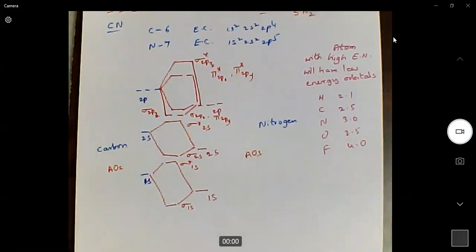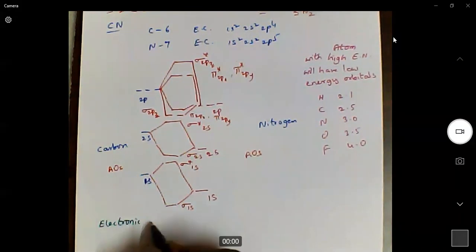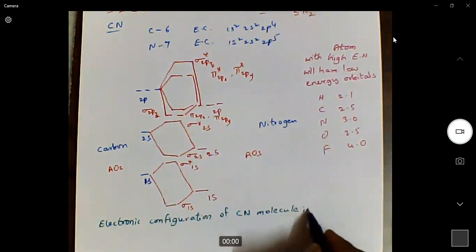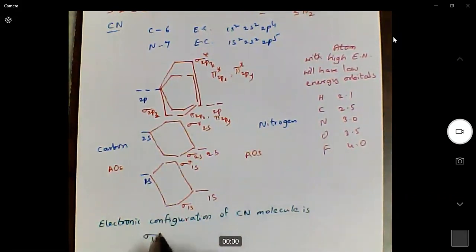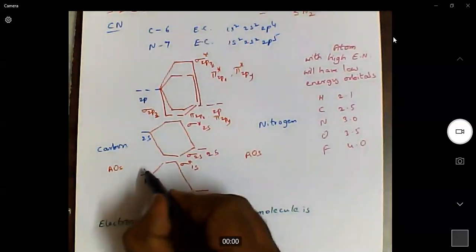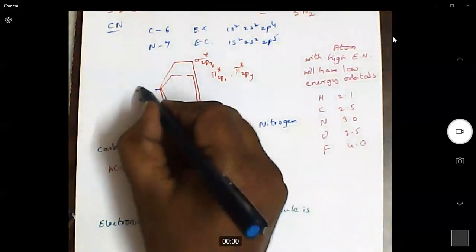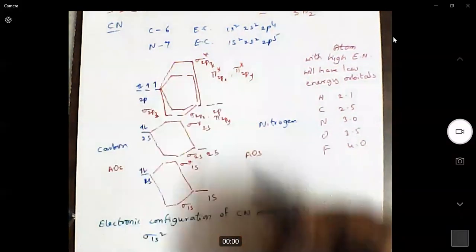So for CN molecule, the MO electronic configuration. Yeah, I did not keep the electrons, I'll type. In carbon, we have 2 electrons in 1s, 2 electrons in 2s, we have 2 electrons in 2p.